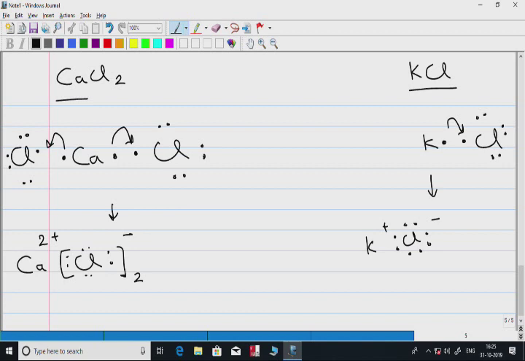Yeah, definitely. Even then, it will be a correct answer. See, this one is also a correct answer. The bracket actually has no sense. It is just used to separate the cation and the anion. That's it.